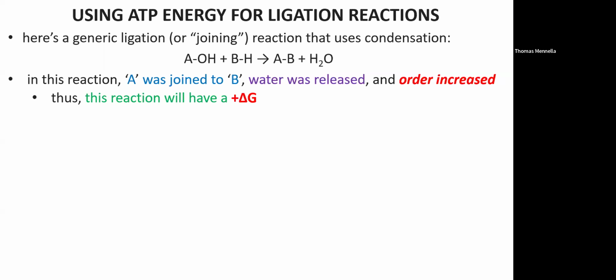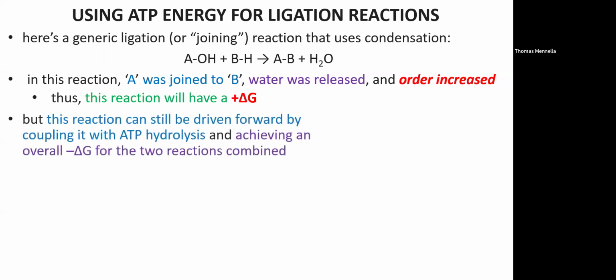We've seen this before. In this reaction, A was joined to B. In the polymerization reaction, water was released because it was a condensation reaction, and entropy went down because we went from two different molecules to a specific sequence of one. So we've lost chaos, we've lost entropy. And since we've lost entropy, this reaction should have a positive delta G. It will be non-spontaneous.